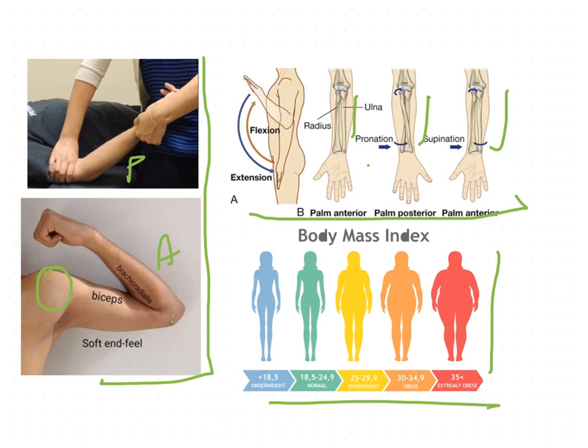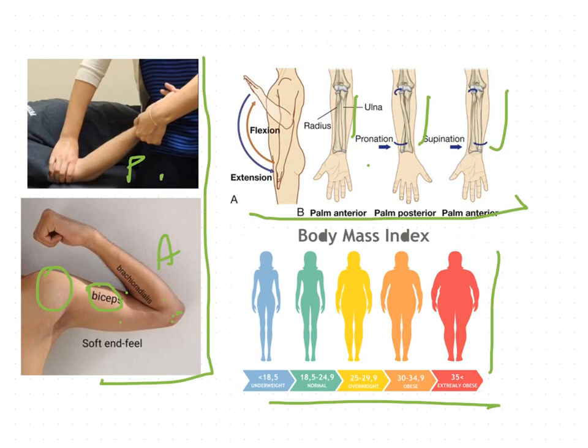Here the range of active flexion at the elbow is usually less than the range of passive motion, because the bulk of the contracting flexors on the anterior surface of the humerus may interfere with the approximation of the forearm with the humerus.